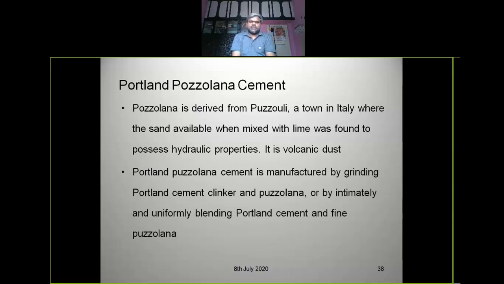And what is PPC? Pozzolana is derived from Pozzuoli, a town in Italy, where the sand available, when mixed with lime, was found to possess hydraulic properties. It is a volcanic dust. Portland pozzolana cement is manufactured by grinding Portland cement clinker and pozzolana, or by intimately and uniformly blending Portland cement and fine pozzolana.